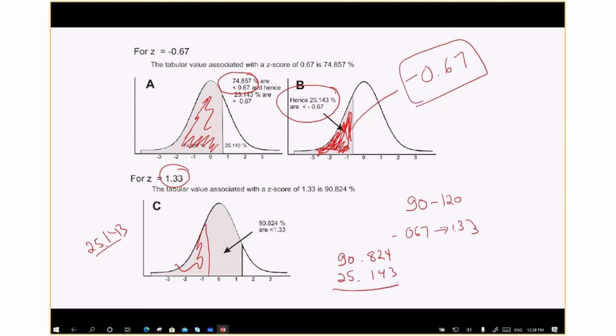So if we take the difference between those two, we get the percentage that lie in that intermediate range, which we can see is equal to 65.5681. That will be the percentage of the population that have an IQ that lies within this range.